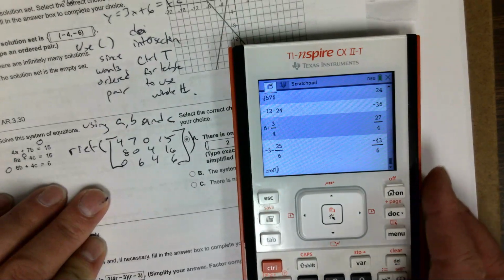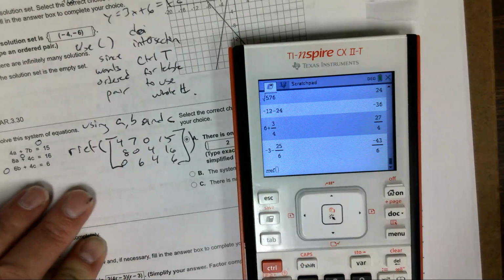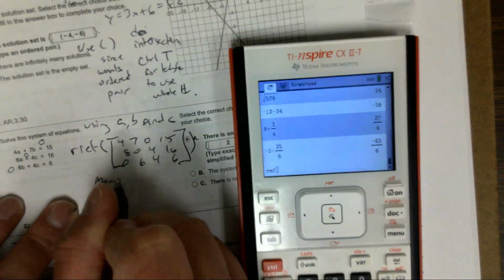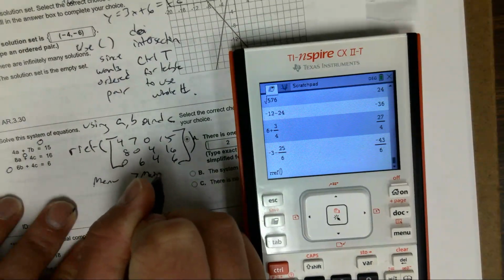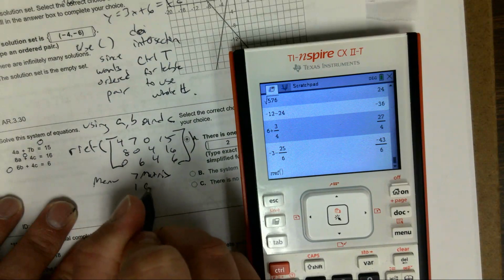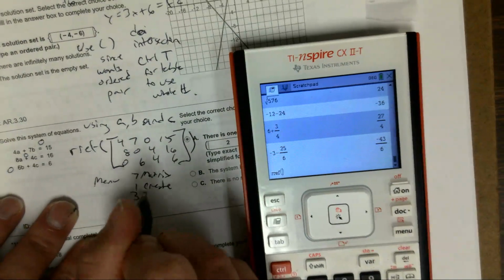RREF parentheses, and then you do menu 7 for matrix, and then 1 is create, and you want a 3 by 4.